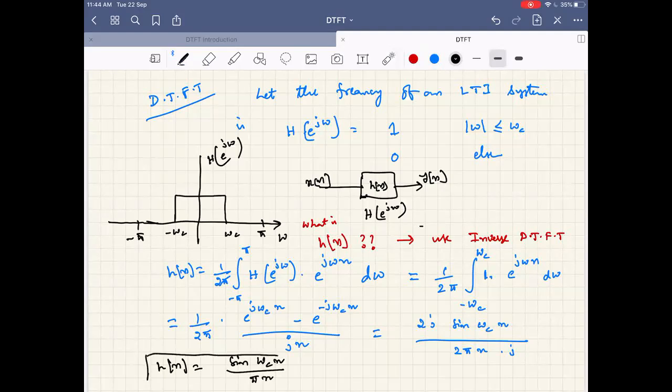Have you seen this kind of function anytime? This is referred to as the sinc function. If you sketch it, it is not a good place to sketch, but we will sketch it because in this space we can have all the things.